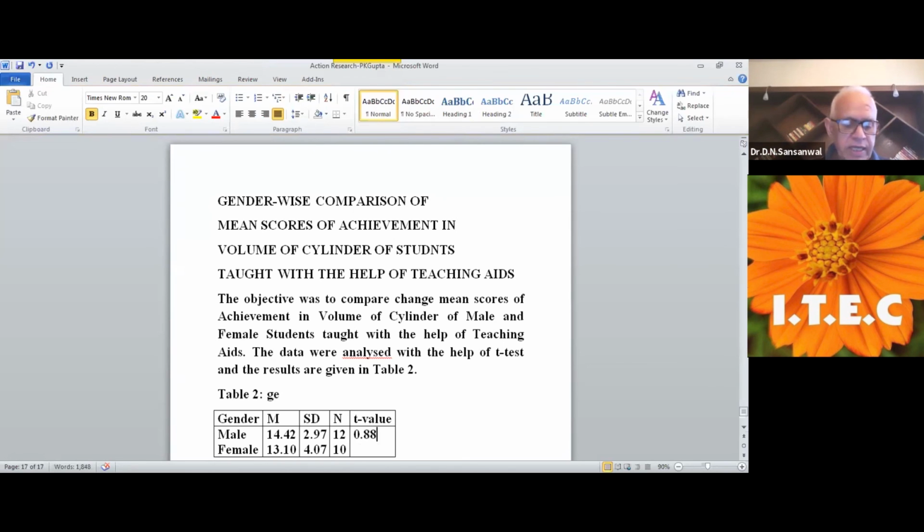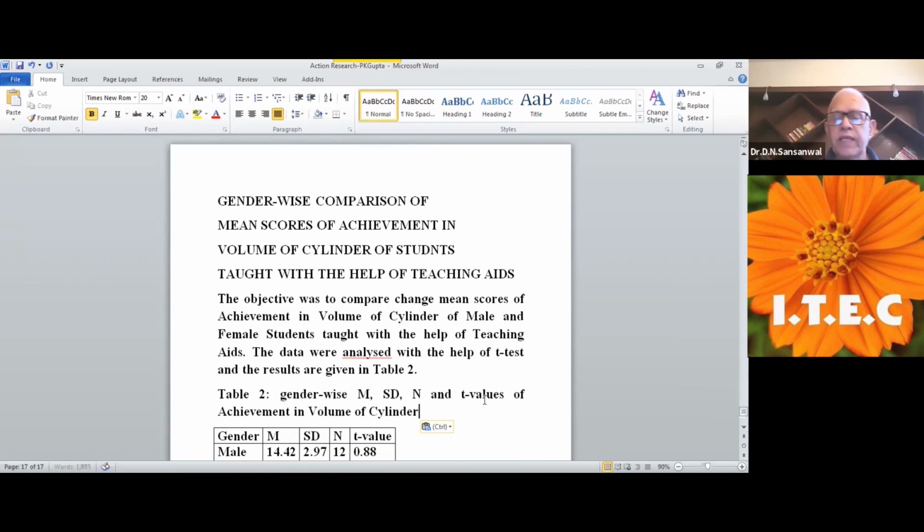So here I say gender wise mean, SD, N and T values of achievement in volume of cylinder of students.